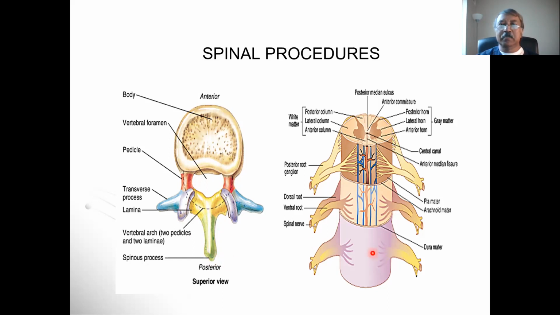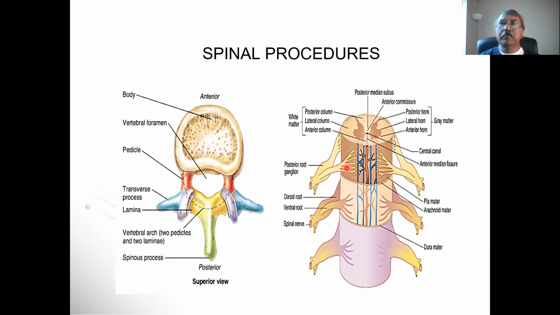So now let's see what the spinal cord looks like. The spinal cord is a cord structure. It's like a white fibrous material, a tube-like structure filled with gray matter right here in the center area, and white matter on the periphery.